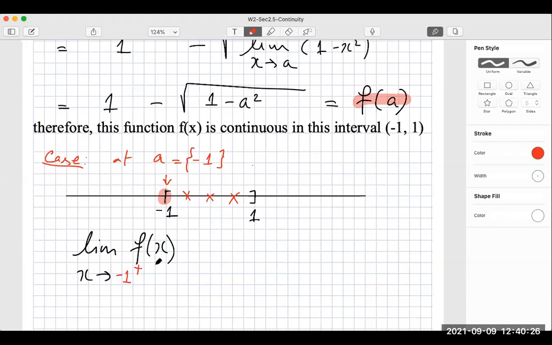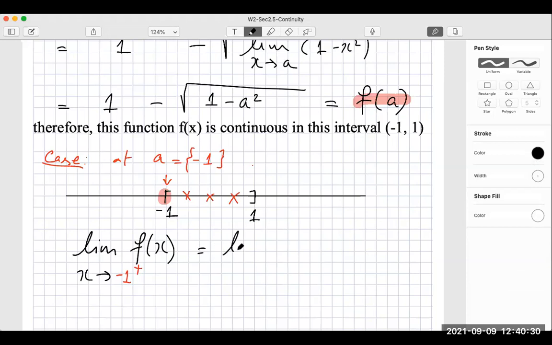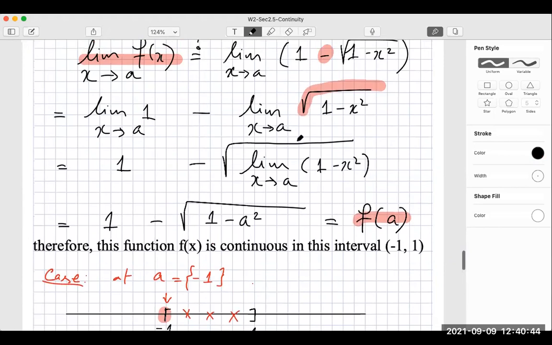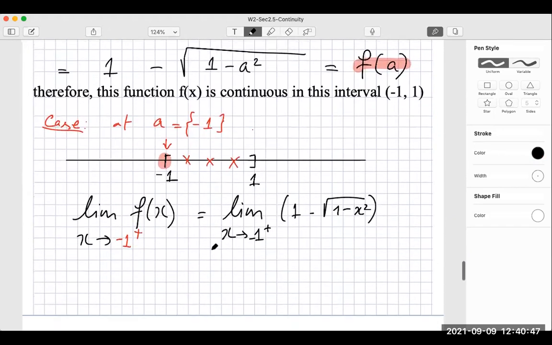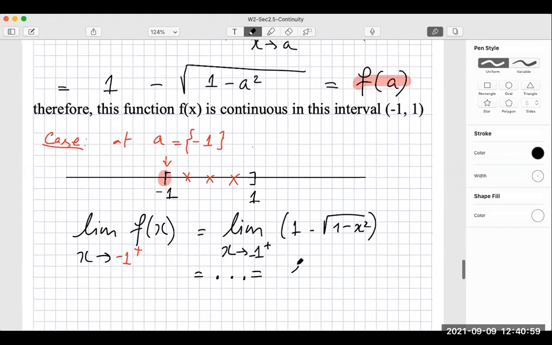Good job. Now you see why we do this, right? And again, we substitute the formula of this function, it is 1 subtract the square root of 1 minus x squared here, right? If I remember correctly, yes. And we do the same thing, apply some laws and so on. And in the end, we reach this point. It will be, what is it?